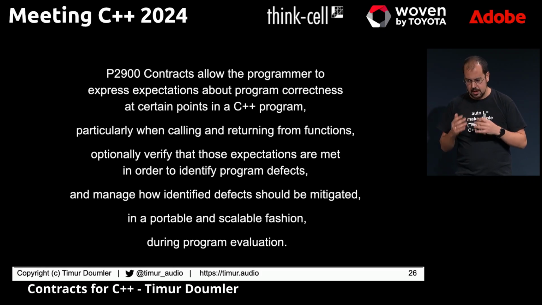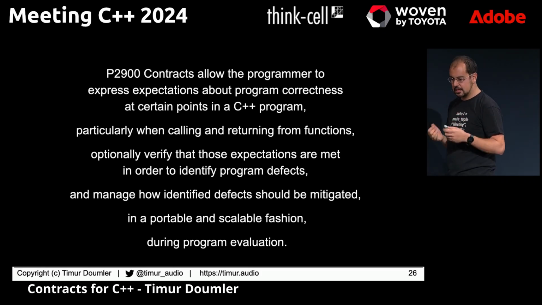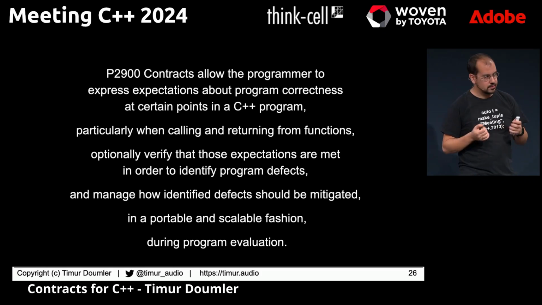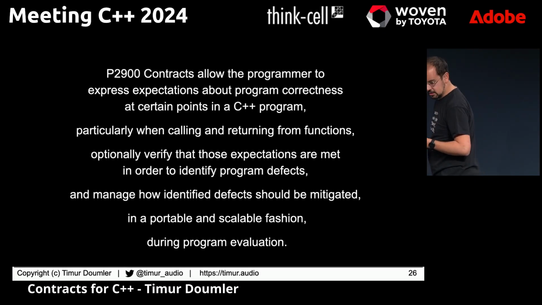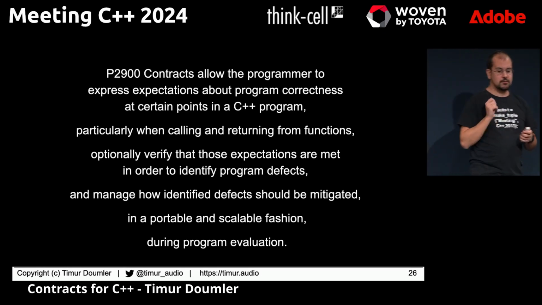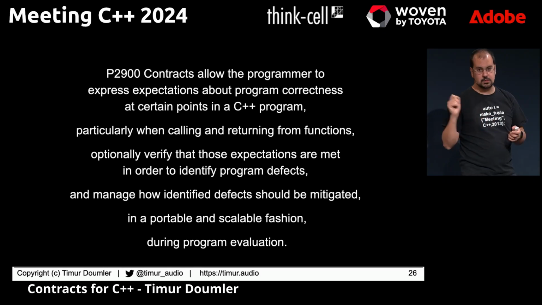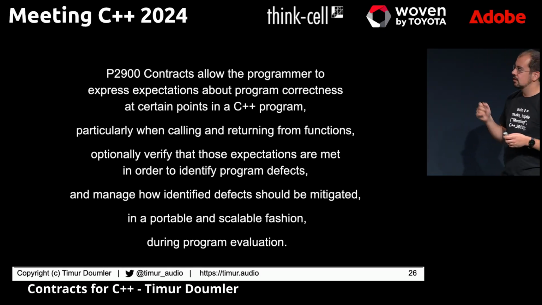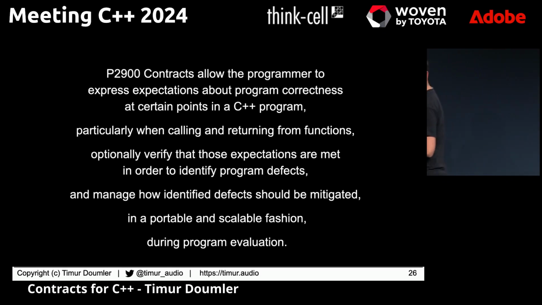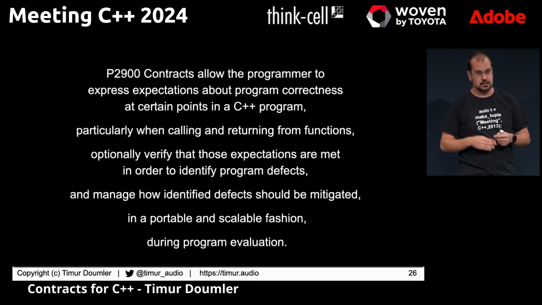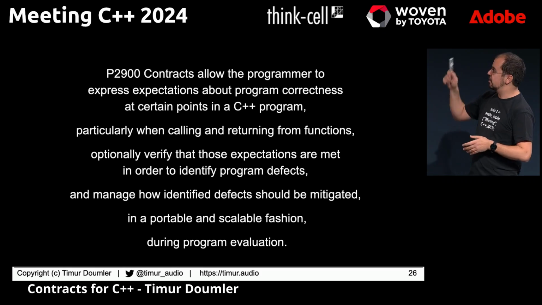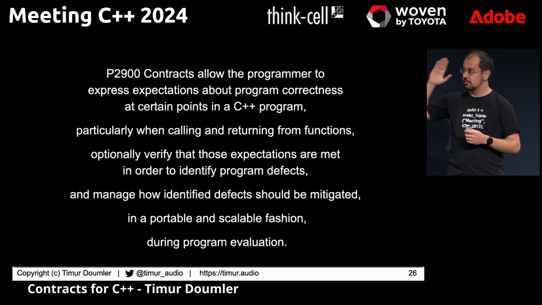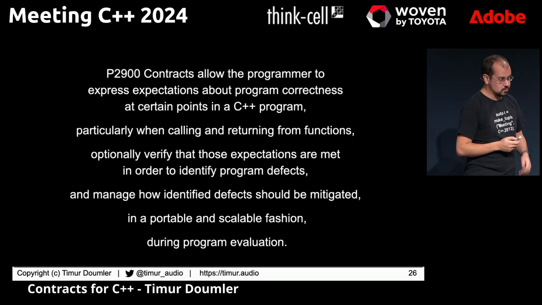P2900 contracts allow the programmer to express expectations about program correctness at certain points in a C++ program, particularly, but not only, when calling and returning from functions. Optionally verify that those expectations are met in order to identify program defects, and then manage how identified defects should be mitigated in a portable and scalable fashion during program evaluation. So that is what this paper proposes we should be able to do.